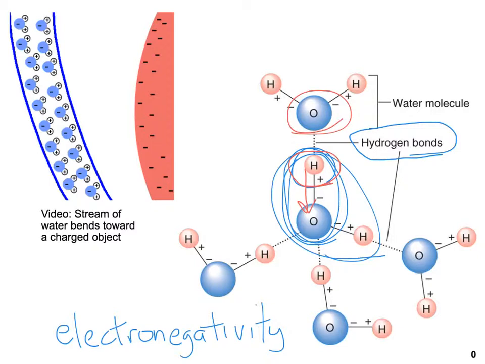And so in a sample of liquid water where the molecules are able to move around and orient themselves the way they might, they tend to move around so that the hydrogen atoms of one molecule orient themselves towards the oxygen atoms of another water molecule. And that weak attraction between the hydrogen atom of one molecule and the oxygen atom of another molecule is called the hydrogen bond.